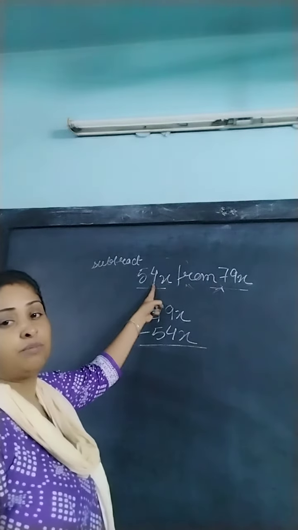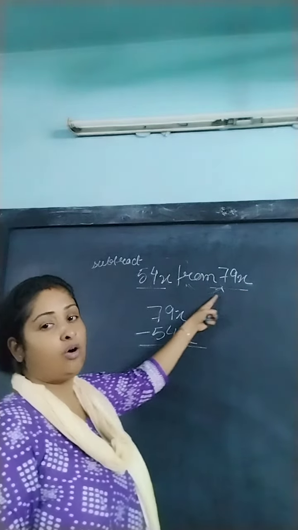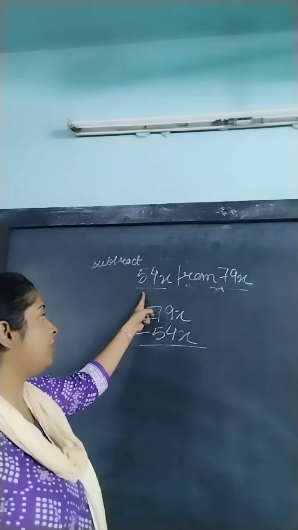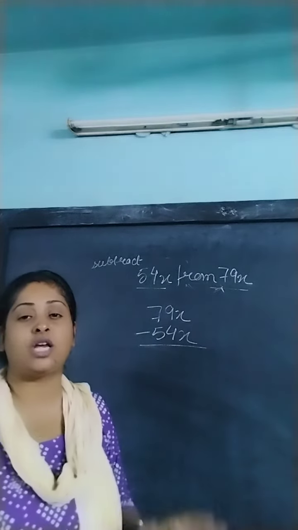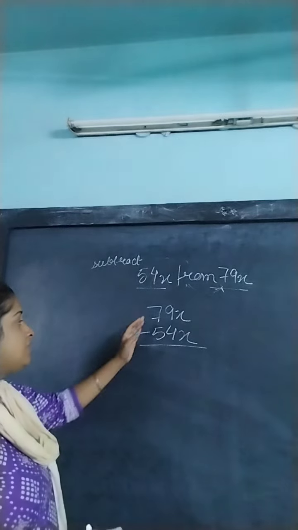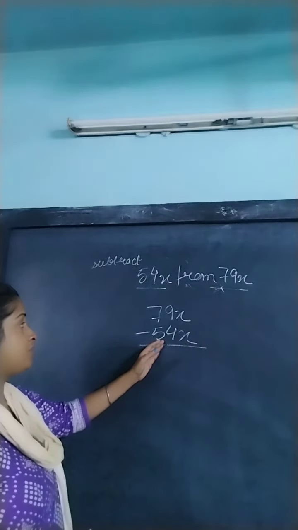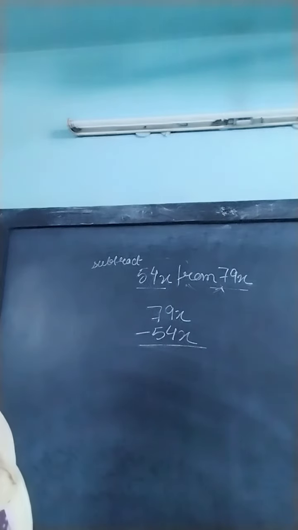The former number will be subtracted from the latter number, or the former number will be taken away from the latter number. This is the general rule of subtraction. That is why here I have written 79x minus 54x, because 54x should be taken away from 79x.